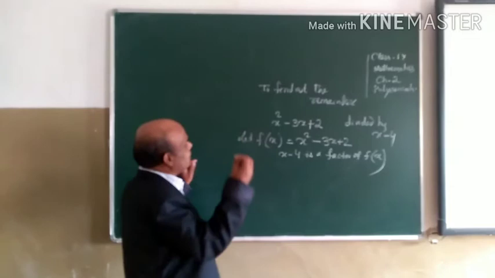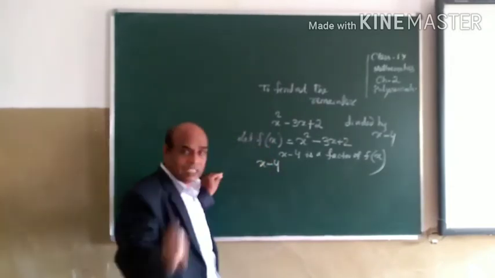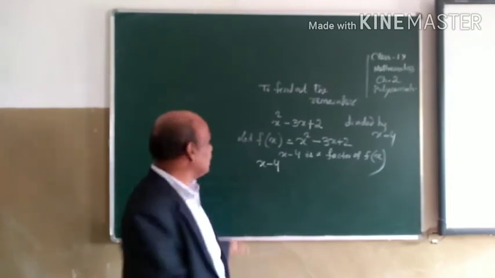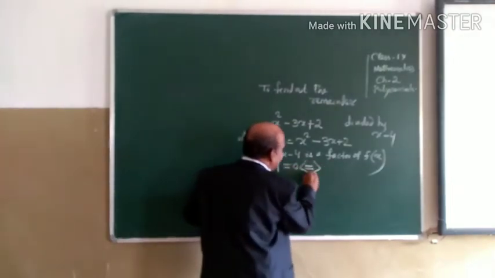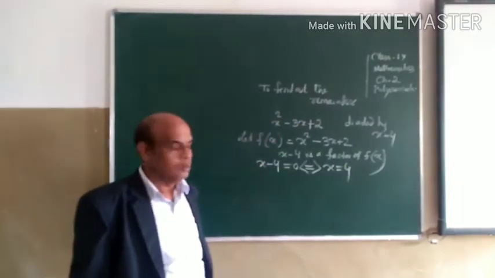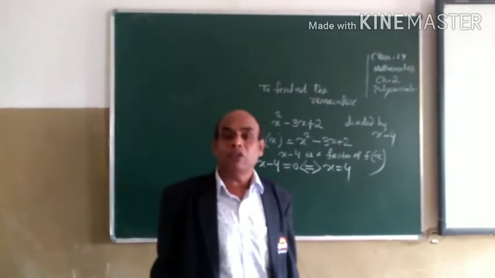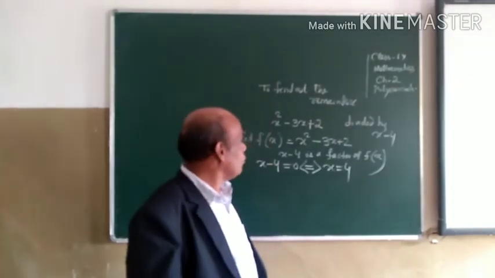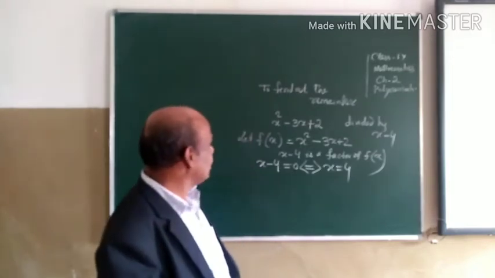So if x minus 4 is a factor, x minus 4 is equal to 0 if and only if x is equal to 4. Why do we consider x minus 4 equal to 0?